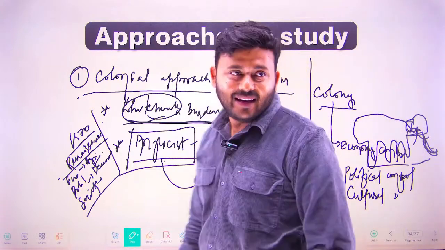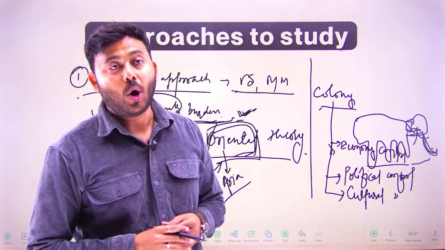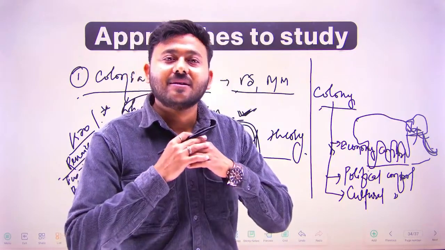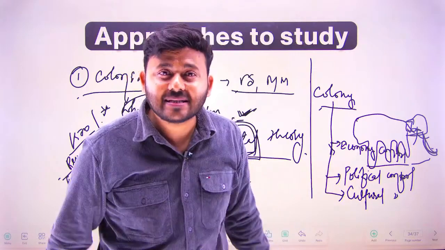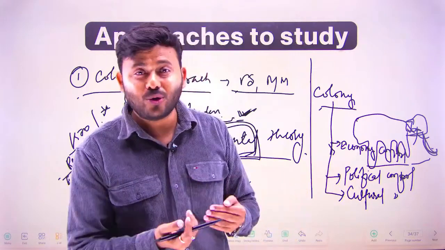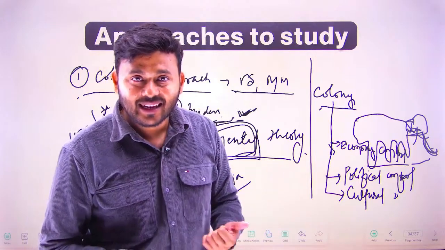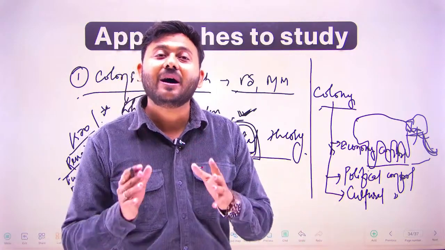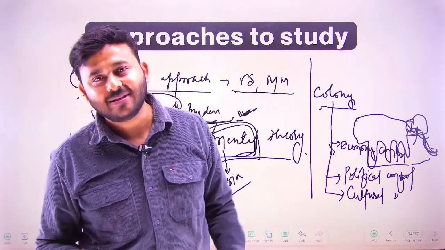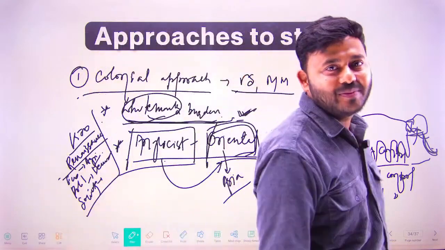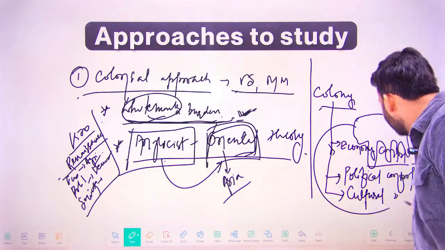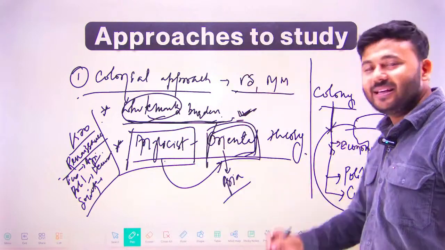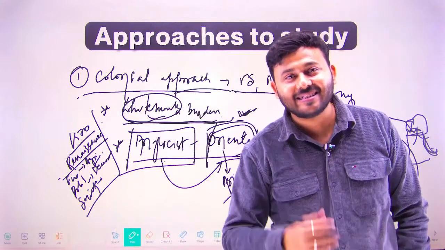That means if you have all three controls over an entity, you are a total colony. If someone came to you and controls you politically, economically, and culturally, you are a total colony of that person. So what Britishers did was they made a colony because they are for the greater good. So for the greater good, they have made us a colony. That's what the colonial approach says.